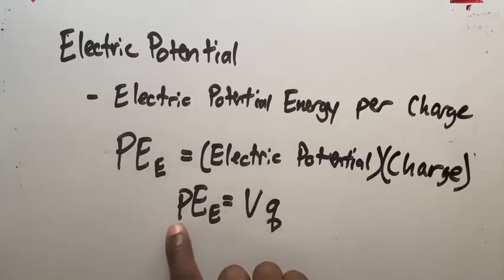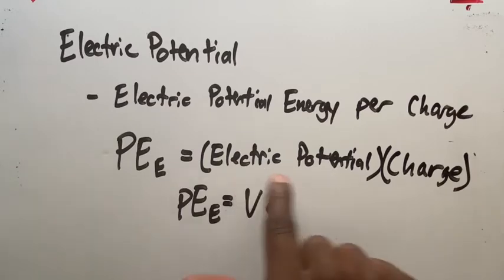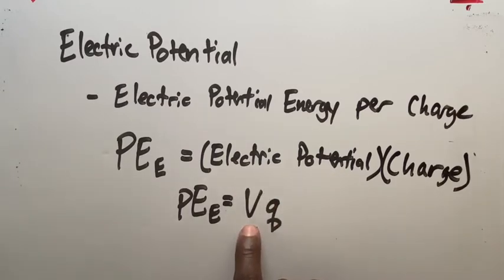Yeah, so the electric potential energy is given by the electric potential V, which is measured in volts, times the charge Q.